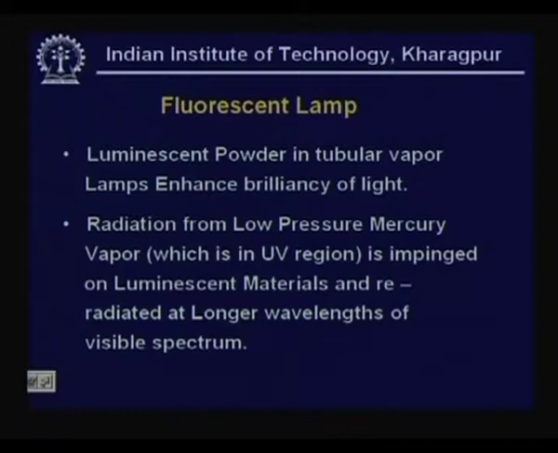As a result, it re-radiates at longer wavelengths of visible spectrum. This we had defined right in the beginning as one of the processes used in artificial lighting to produce radiation. This is absorbing the light at one wavelength and re-radiating in the visible spectrum. That is what we are doing. So, this is the process of fluorescence.